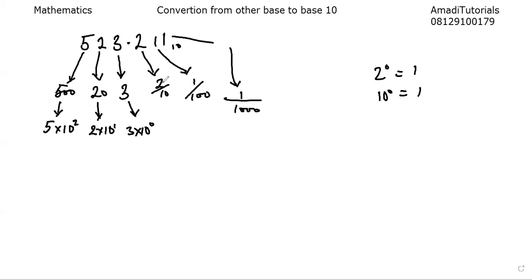If you have to express the others in standard form, this one will be 2 times 10 raised to the power minus 1. This one will be 1 times 10 raised to the power minus 2. And this last one will be 1 times 10 raised to the power minus 3.